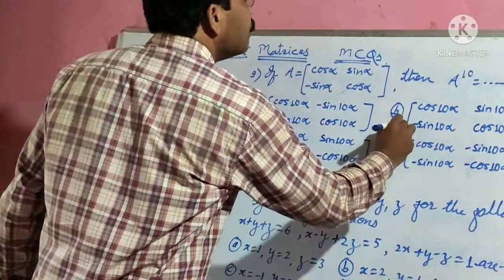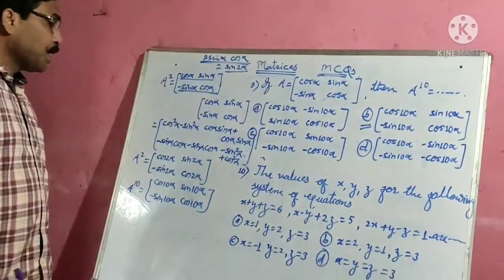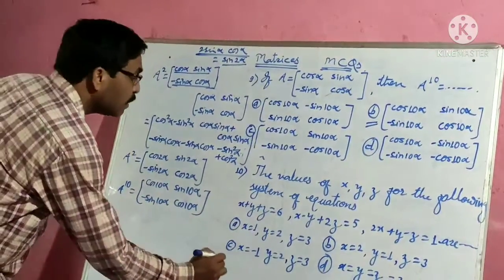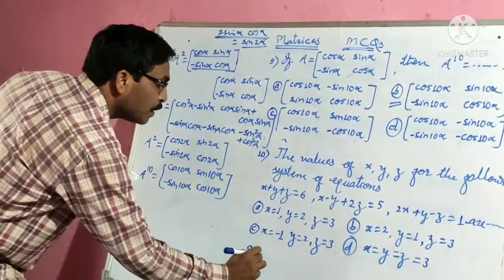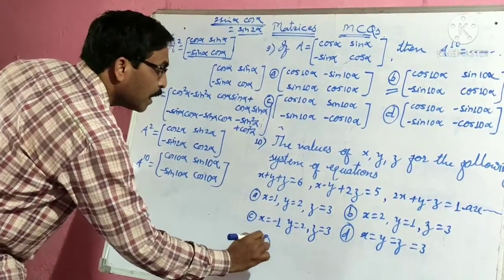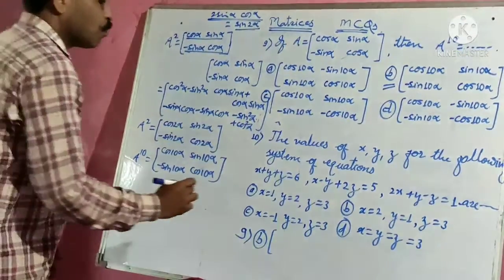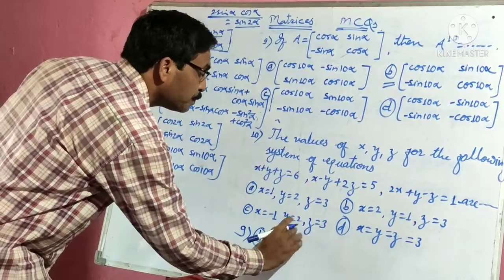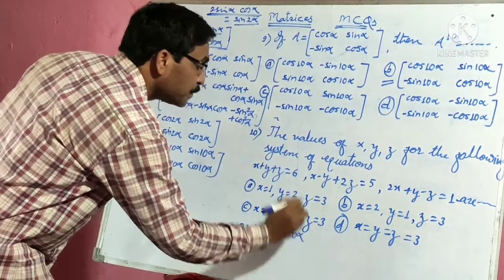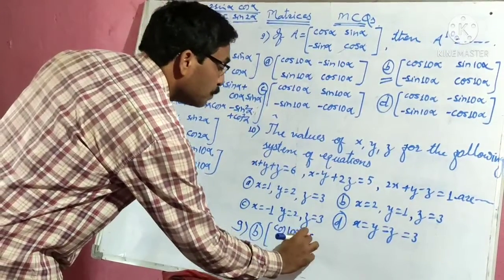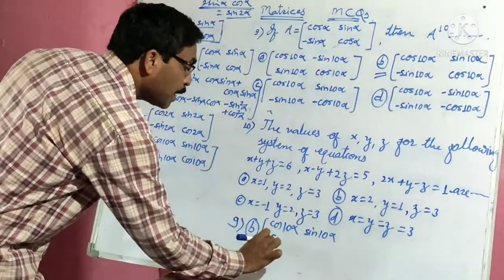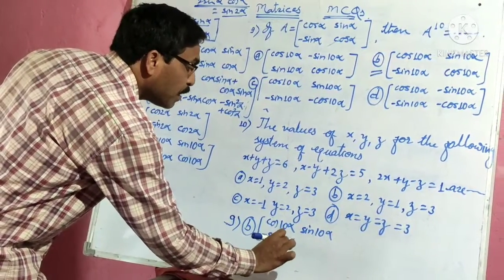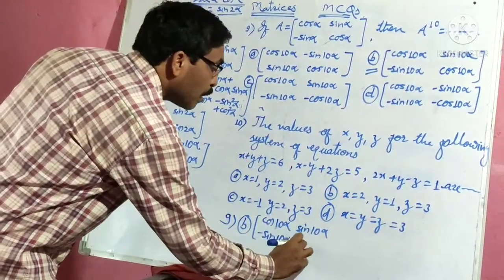So our answer is B. We write its answer as number 9, B, and it is the matrix cos of 10 alpha, sin of 10 alpha, minus sin of 10 alpha, cos of 10 alpha.